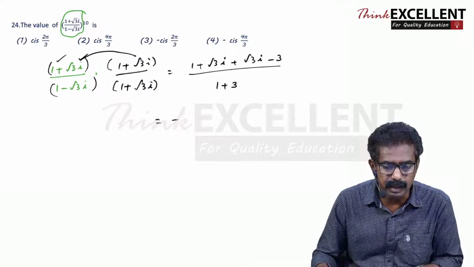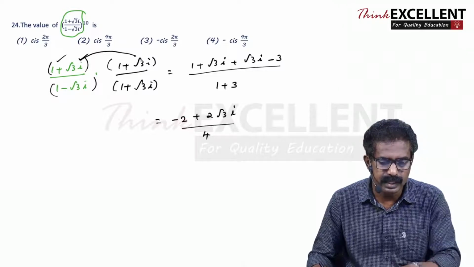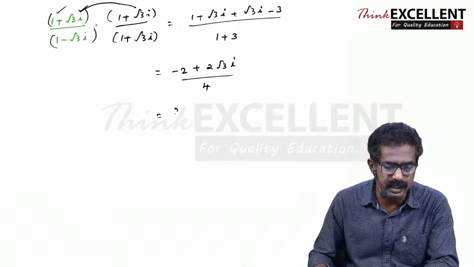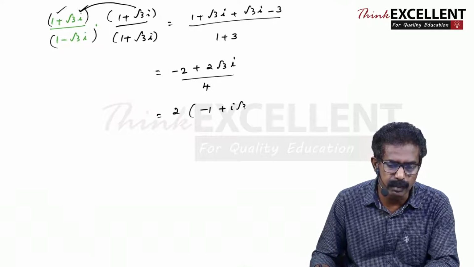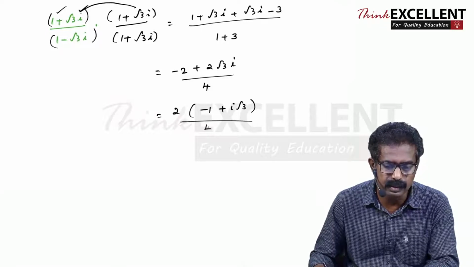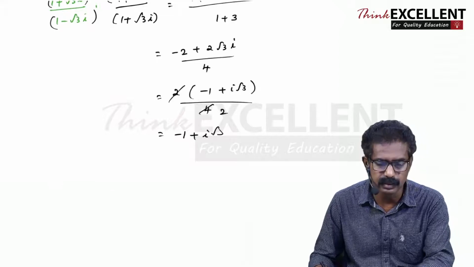So you are getting minus 2 plus 2 times i root 3 by 4. Take a 2 outside and cancel. If I take a 2 outside, minus 1 plus i root 3 by 4, cancel by 2 table, you are getting minus 1 plus i root 3 by 2, right?